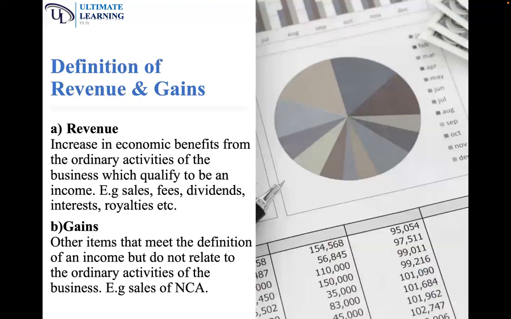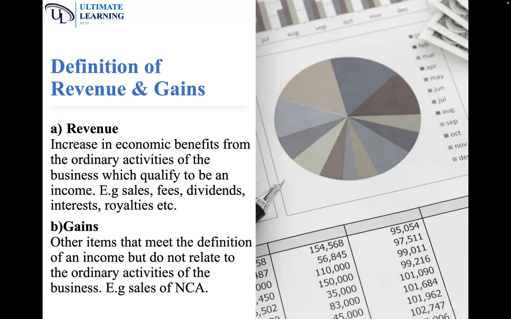Now, when we talk of revenue, revenue is increase in economic benefits from the ordinary activities of the business. The income we get from what the business exists to do. So if it's a business that sells chairs, the income you generate from sale of chairs, in other words, sale of goods, sale of inventory, that is revenue.